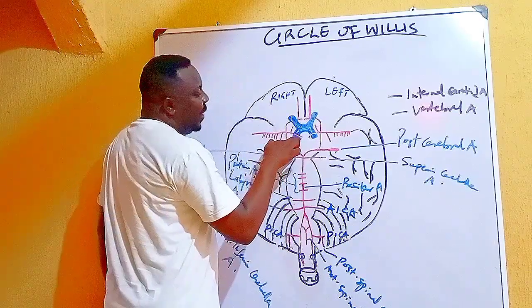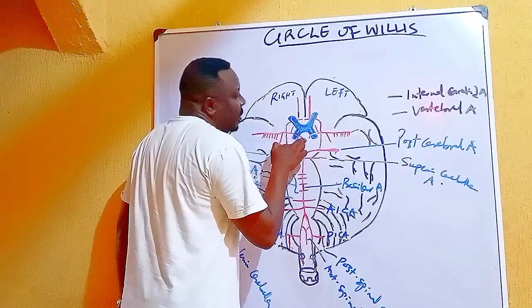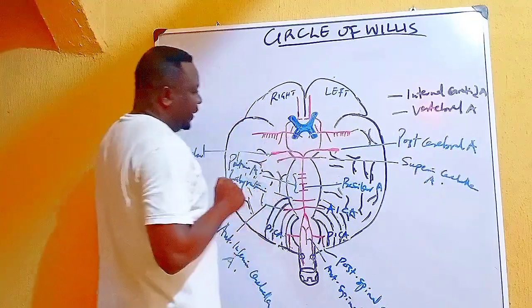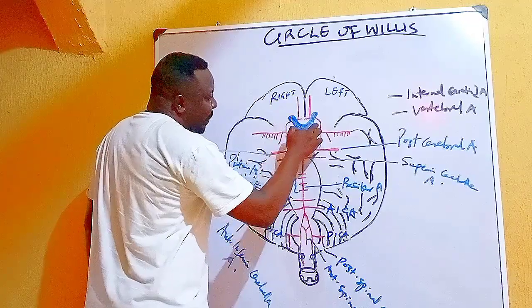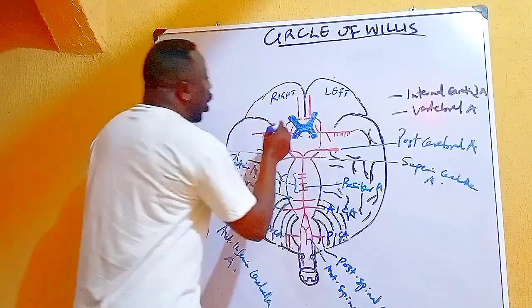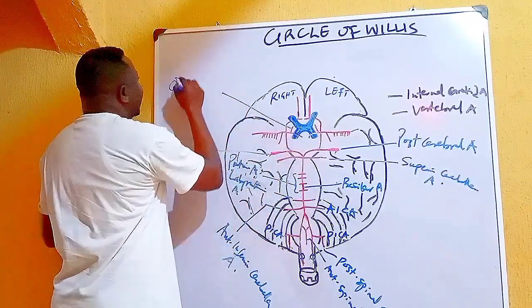Now, we also have the internal carotid artery, and of course there are two. The internal carotid artery has a branch which is known as the ophthalmic artery.